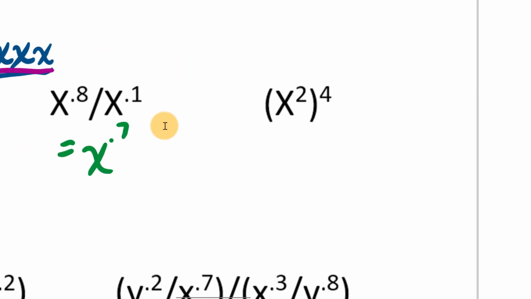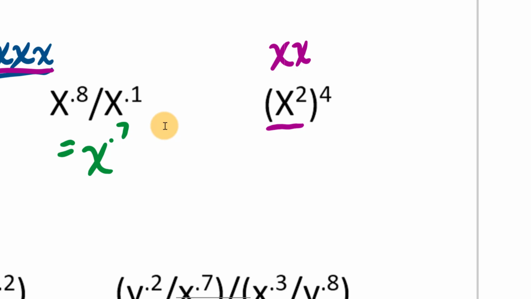All right, what about this one? Here we have x squared raised to the 4th power. What's the rule? The rule is multiply the exponents. Now let's think about why that's the rule really quickly. Well, x squared is x times x, but then we're raising that to the 4th power.